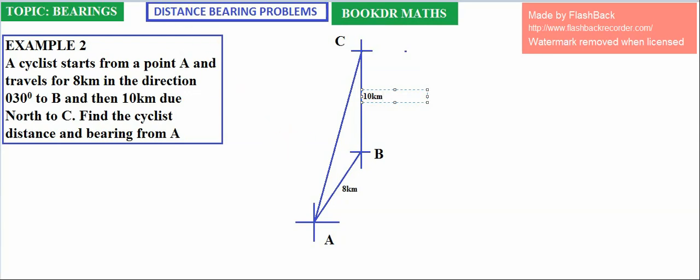Let's indicate the 30 degrees. These are 30 degrees. You'll be using your hand, so you will not be fumbling like how I'm using my computer mouse here. So this is a diagram.